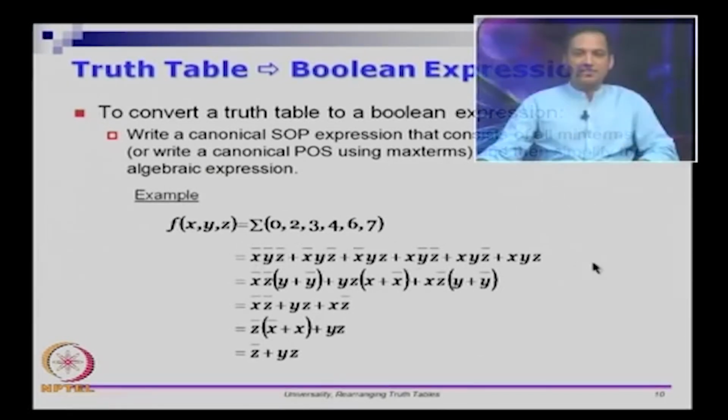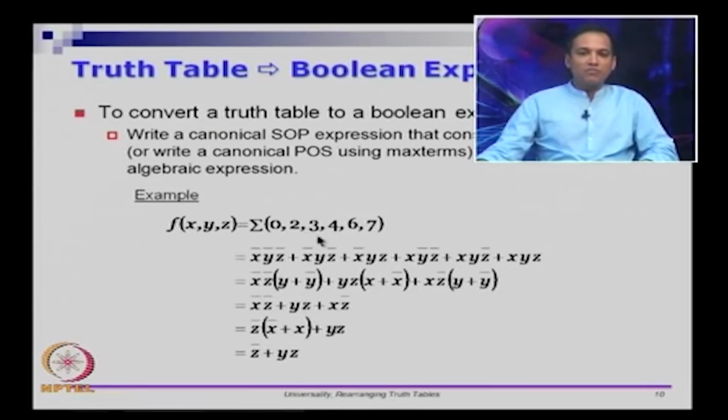Now you write it as an algebraic expression involving x, y and z. Each one of these terms corresponds to one term from here in the same order. Then you start applying simplification logic, whatever rules we have seen so far, and after that sequence of simplifications, you end up with something like this, z bar plus yz.